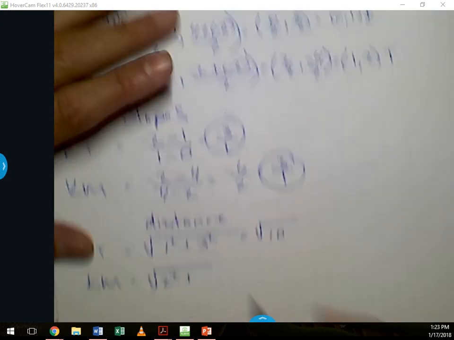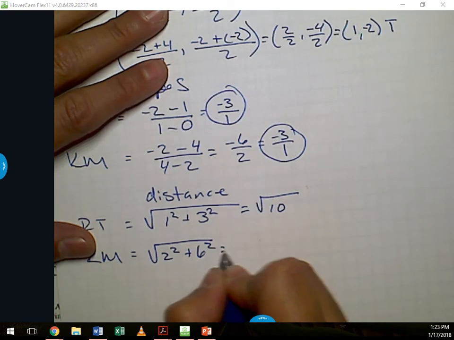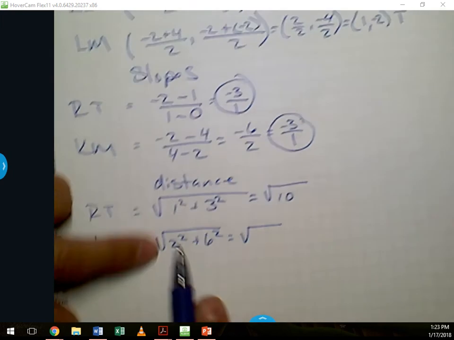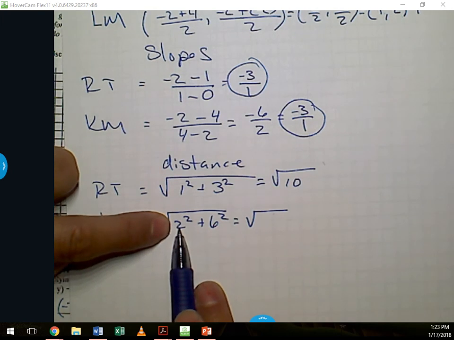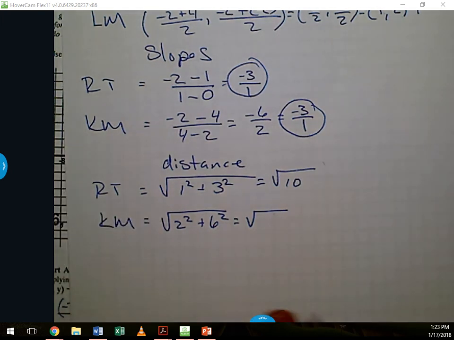Okay, so 2 squared is 4. 6 squared is? Okay, so 4 plus 36 gives me 40. So I'm going to have the square root of 40 here.